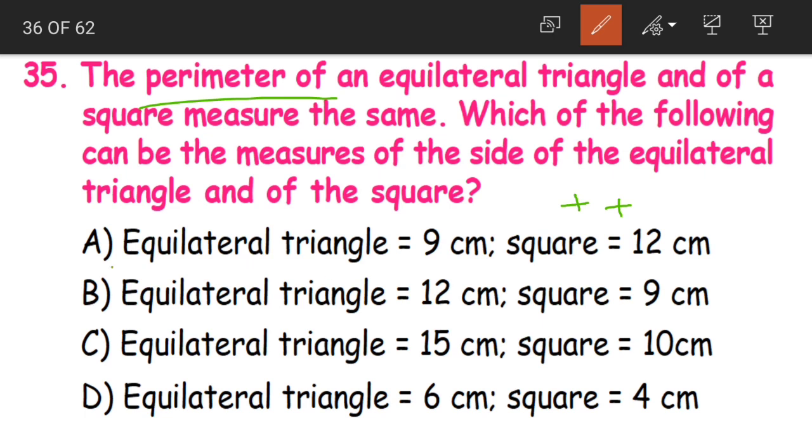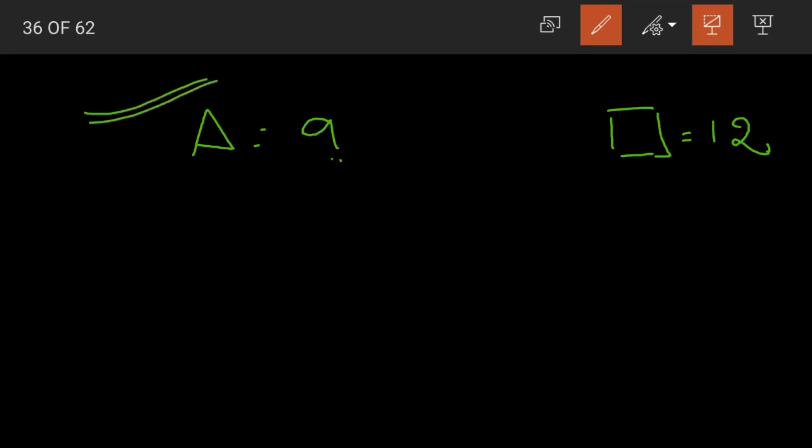Now from the given four options, if we take option A, equilateral triangle 9 and square 12. The length of the side of the triangle is 9 here, and the length of the side of the square is 12. So for the equilateral triangle, the lengths of the three sides are 9, 9 and 9.